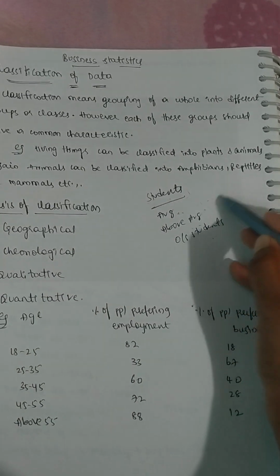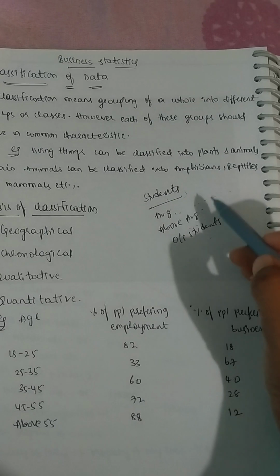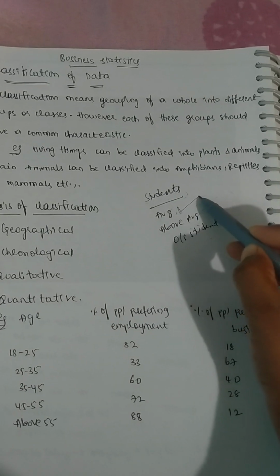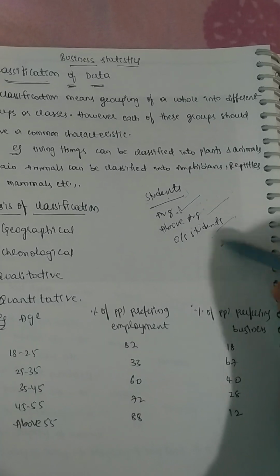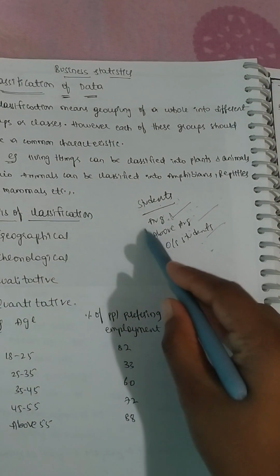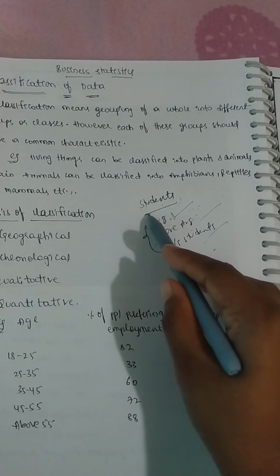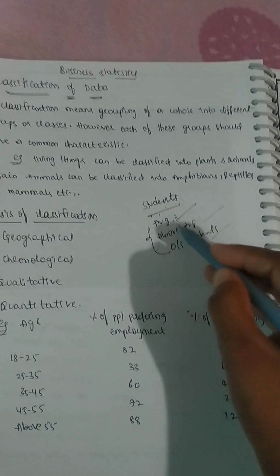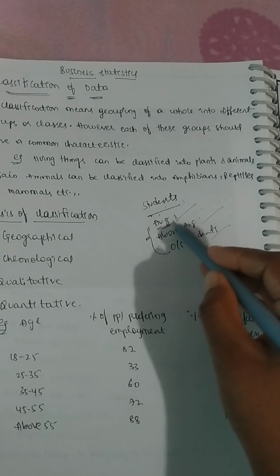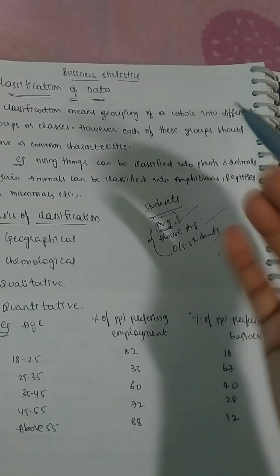If the student is performing in an average way, we will consider them an average student, then above average, outstanding student, next good student, in that way. So we are classifying the class of students into different characteristics. Is it clear? Those having the common characteristic we put in one particular classification, and that is called classification of data.